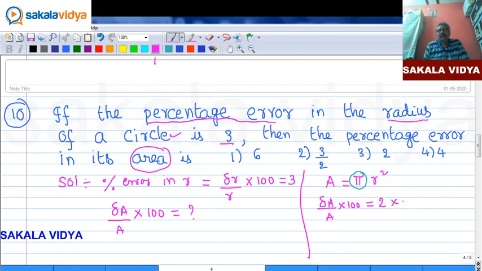So 2 times delta R by R into 100, that is all. Now 2 multiplied by delta R by R into 100 already given, that is 3. So into 3, answer is 6%, first option.